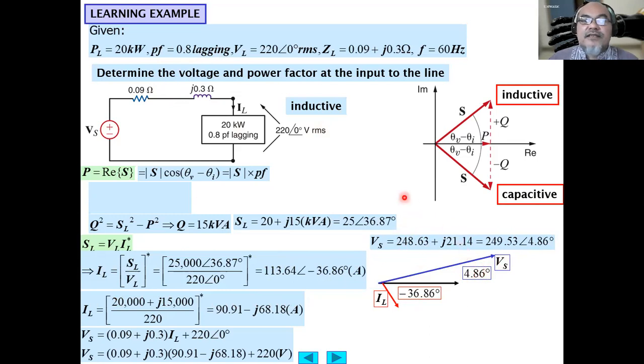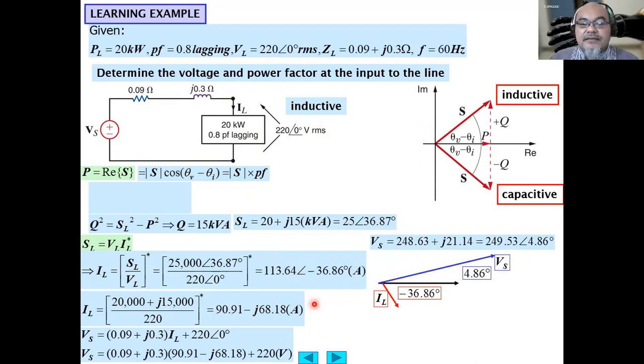Now the second question is to determine the power factor at the input to the line. The IL is the same here because IL flows through all the components of the circuit in series.